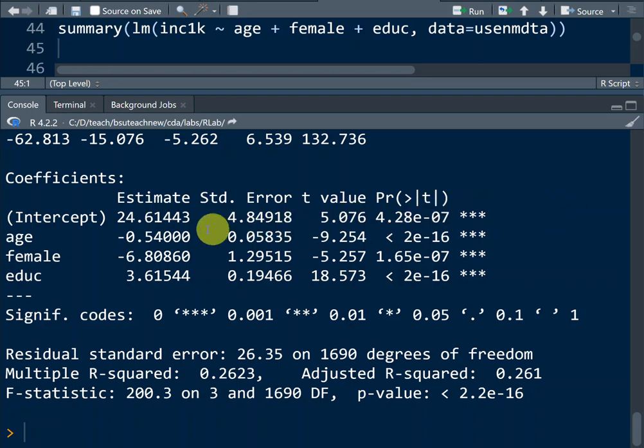Well, in this case, it looks like all estimates are statistically significant, right? And that would imply age, gender, and education all are statistically significantly associated with the response variable income.